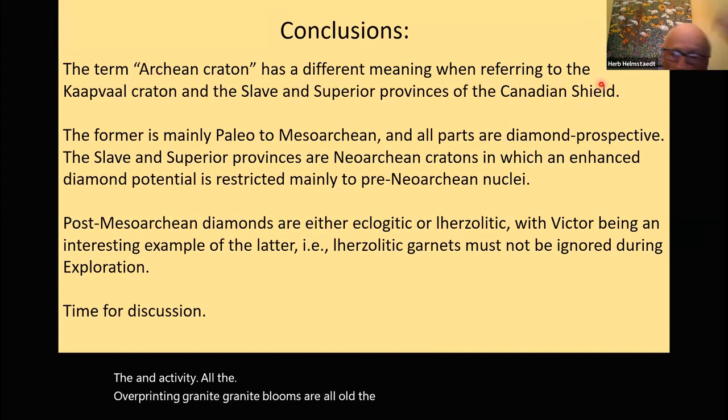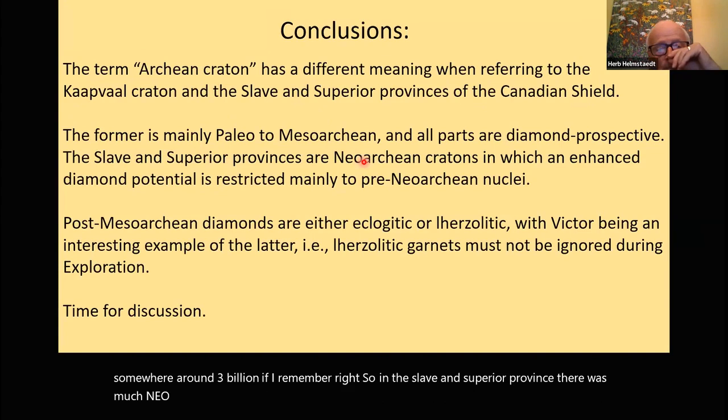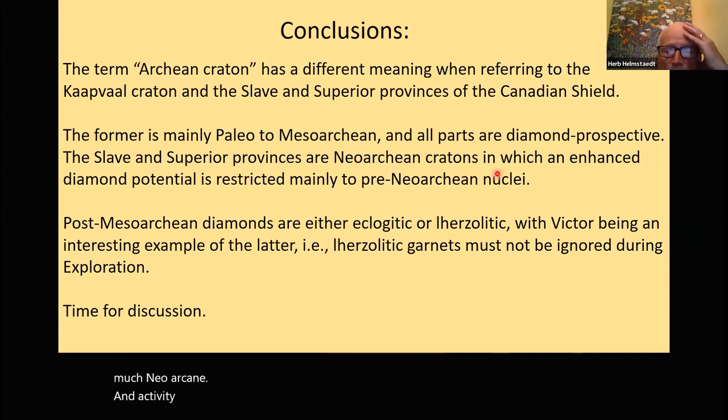You know, the Johannesburg granite is somewhere around 3 billion, if I remember right. So in the Slave and Superior Province, there was much Neo-Archean activity, and only the pre-Neo-Archean nuclei are really diamond prospective.